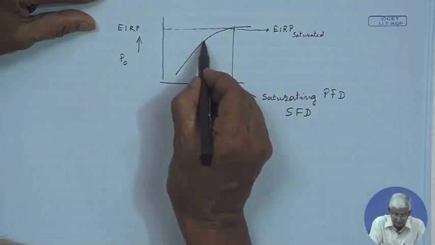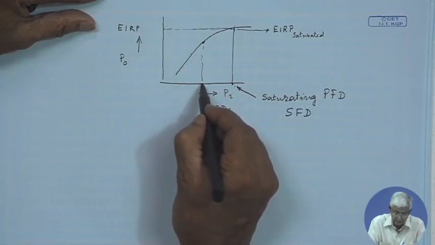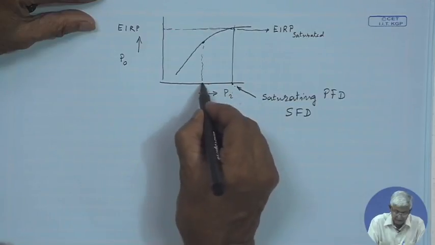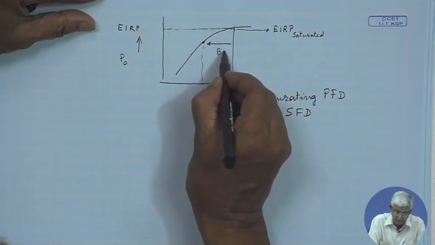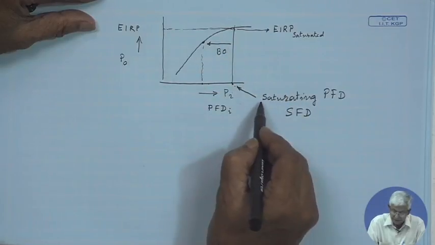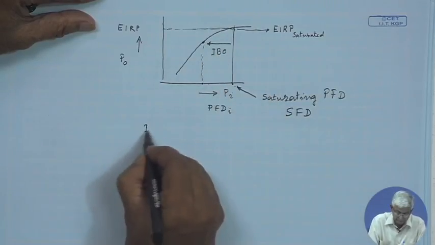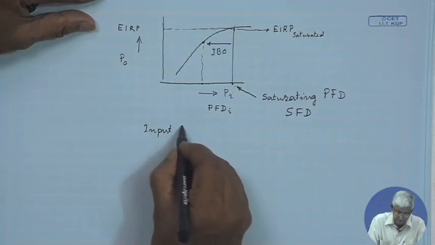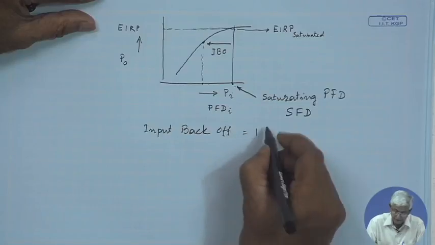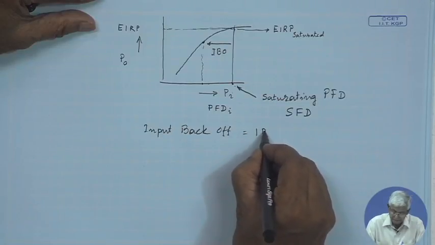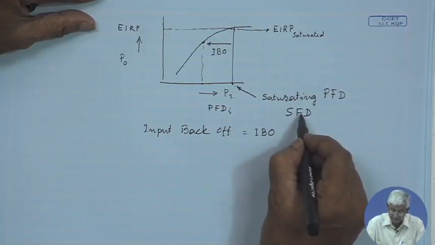So, let us say this is the linear region we will be operating in. The corresponding input, that is PFD input, is backed off from the saturating PFD, which is SFD. So, it is called input back off, or IBO, input back off from the SFD.